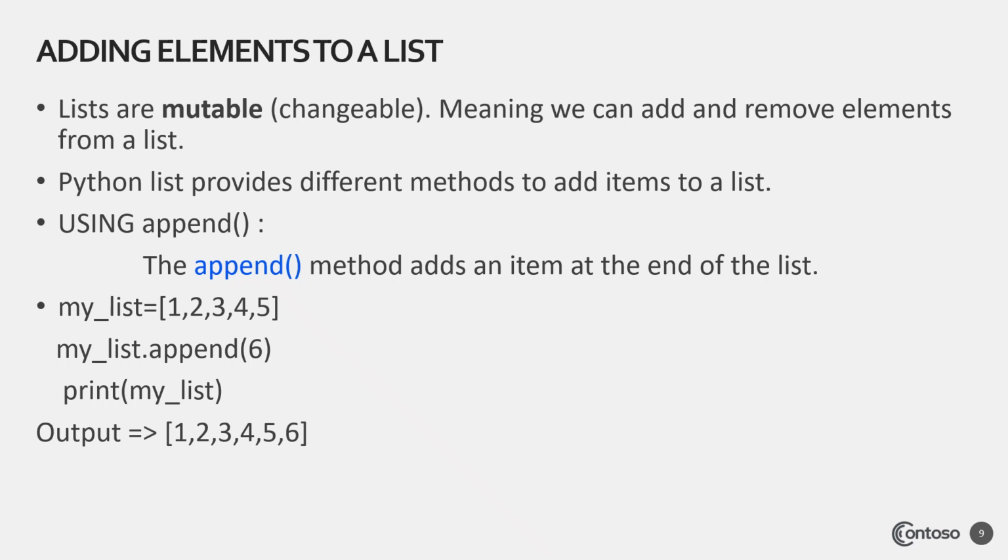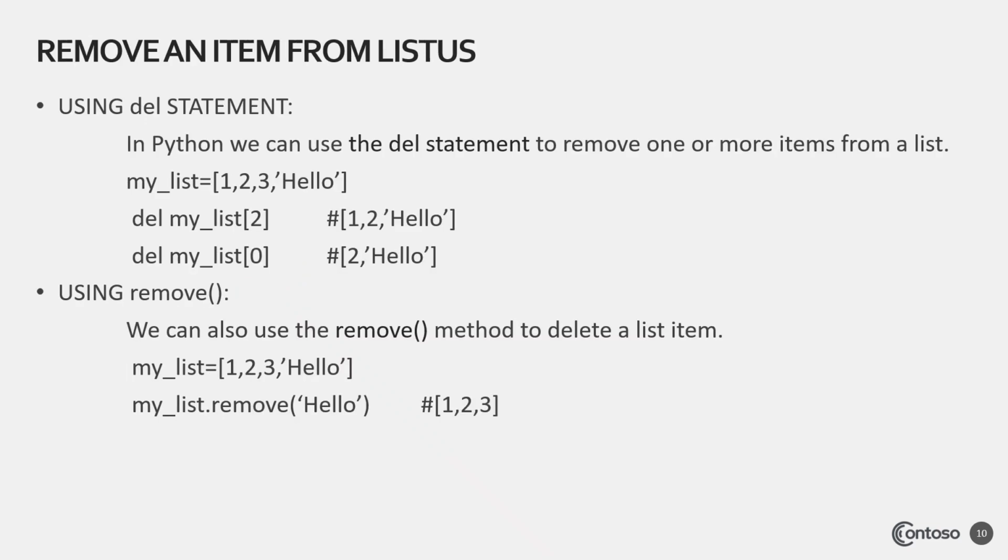The append method adds an item at the end of the list. For example, my_list 1, 2, 3, 4, 5 is a list created, and we append the number 6 to the list, and when we print out the list, the output comes as 1, 2, 3, 4, 5, and 6 is also added to the end of the list. In this way, we could add elements to the list.